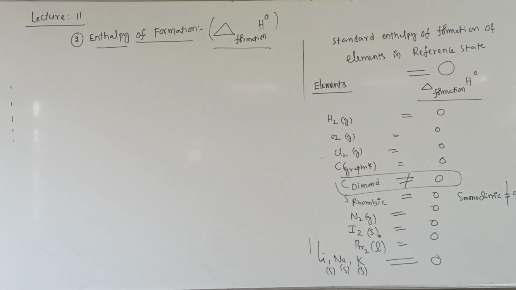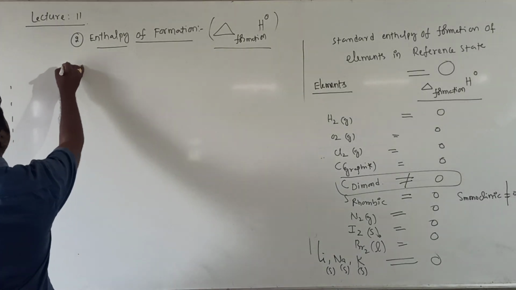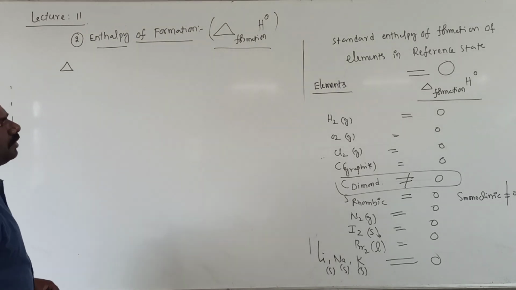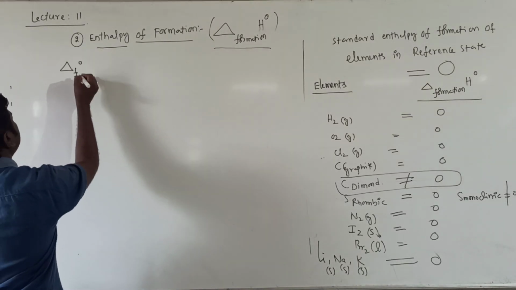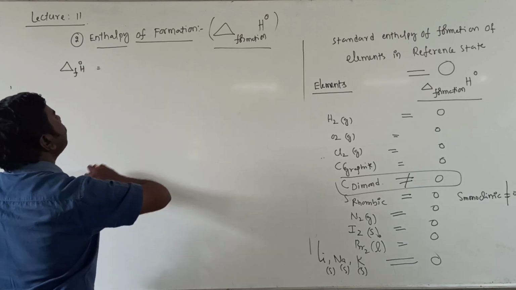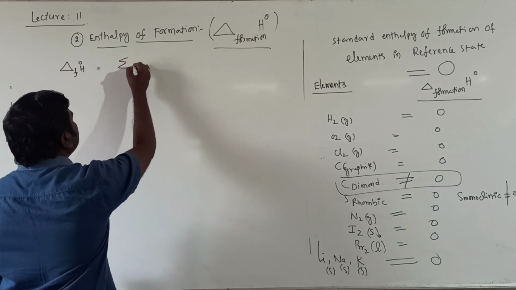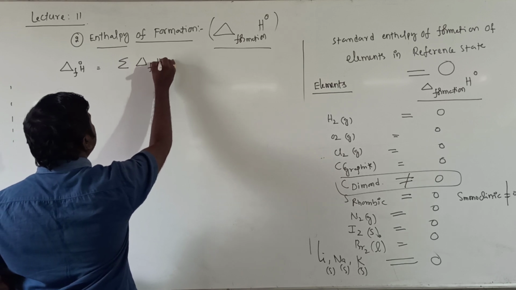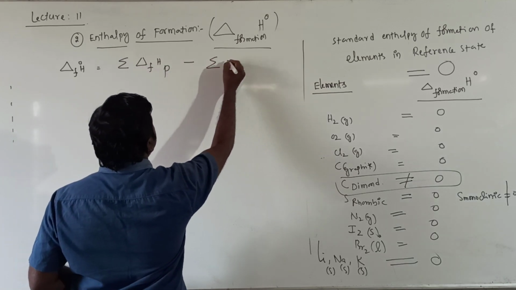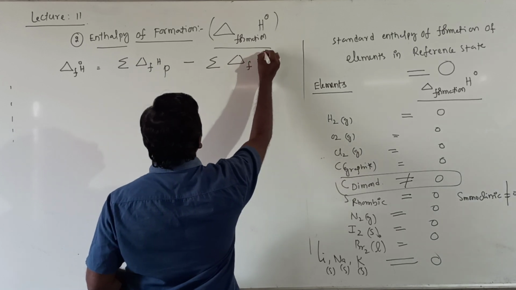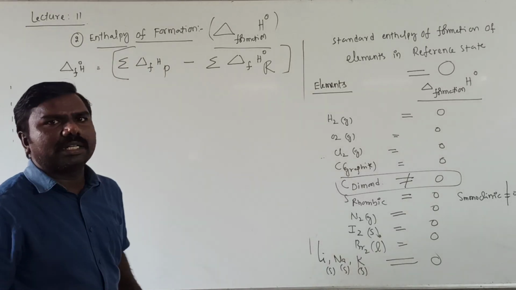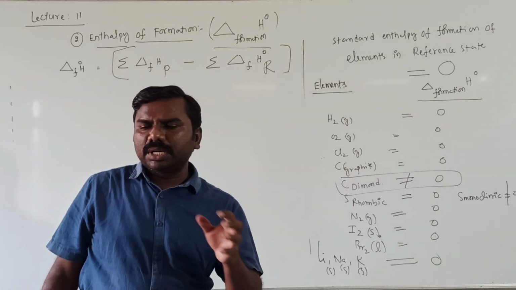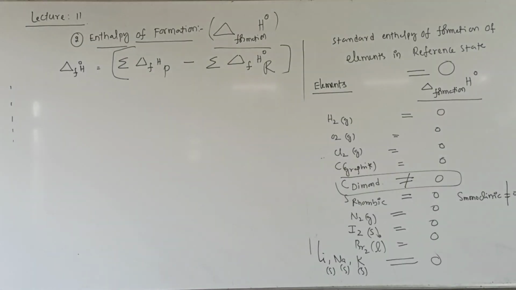Here also, the enthalpy of formation of a compound is equal to the sum of the enthalpies of formation of products minus the sum of the enthalpies of formation of reactants. Products minus reactants. Correct? So you need to consider it like this.